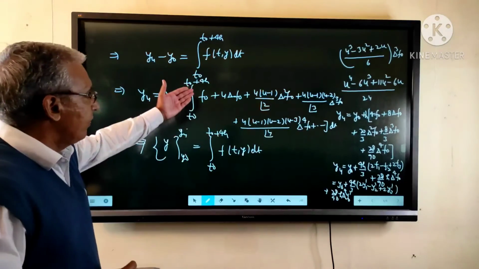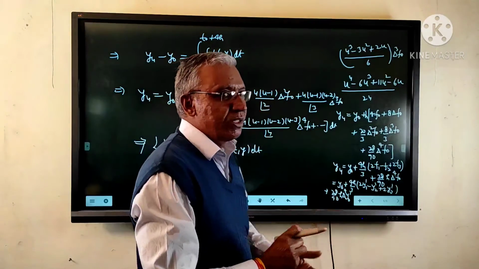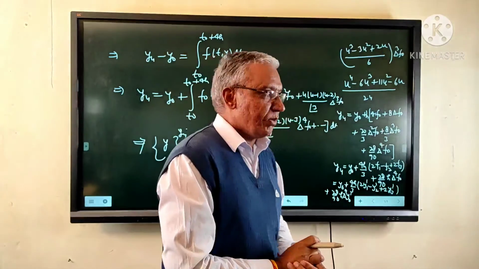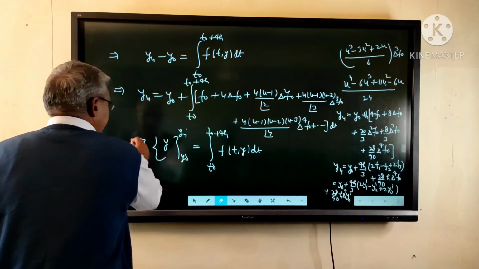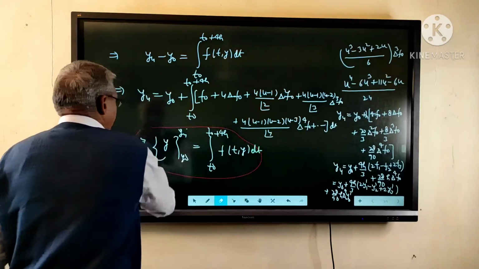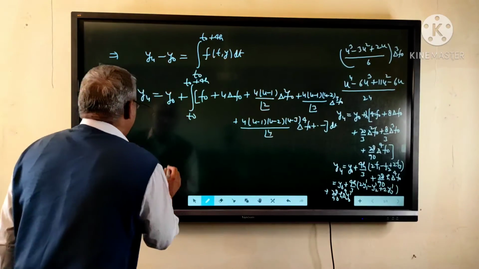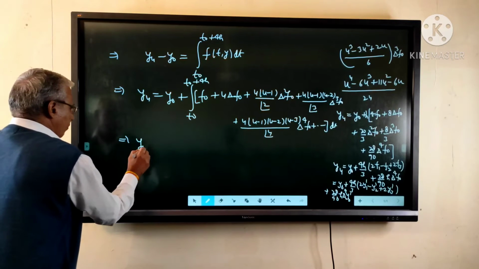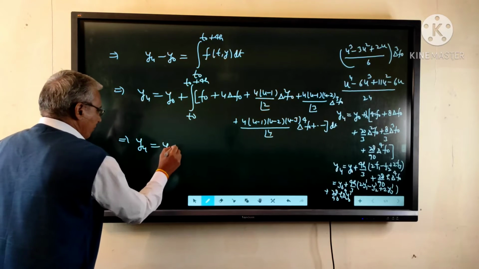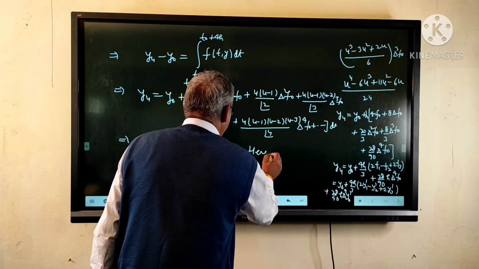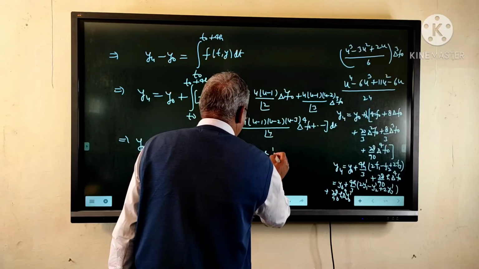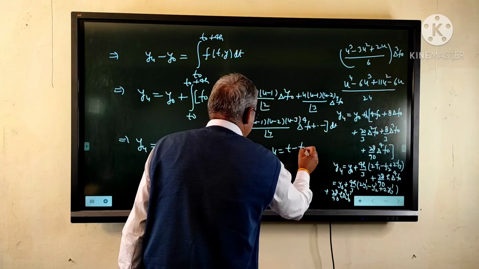So here we apply Newton's forward difference formula. After simplifying, we have y4 equals y0. Here we can write u equals t minus t0 by h.